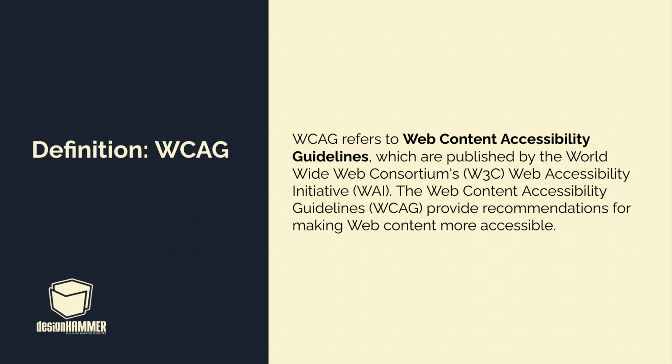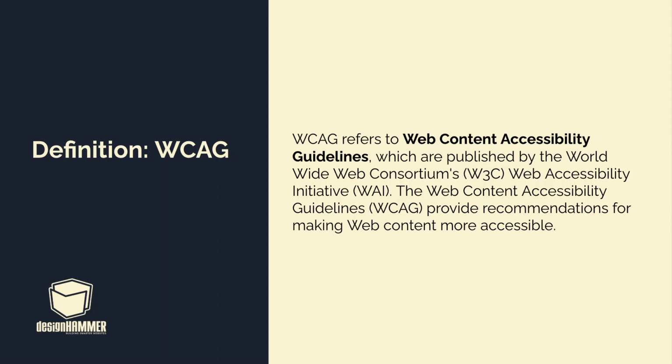WCAG, or WCAG, or WCAG, everyone says all three, is a set of guidelines published by the World Wide Web Consortium. These are updated every so often as the web evolves, and it's basically: here is how you make content accessible.